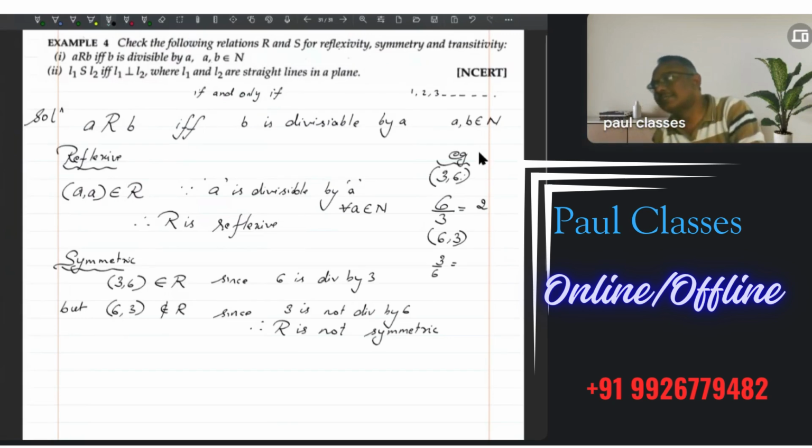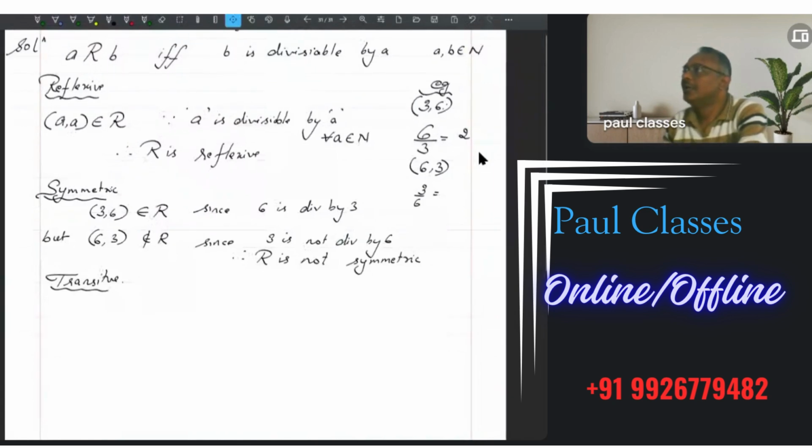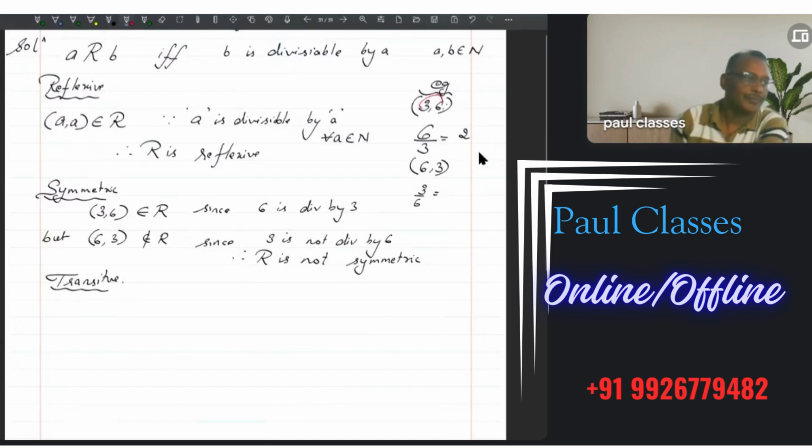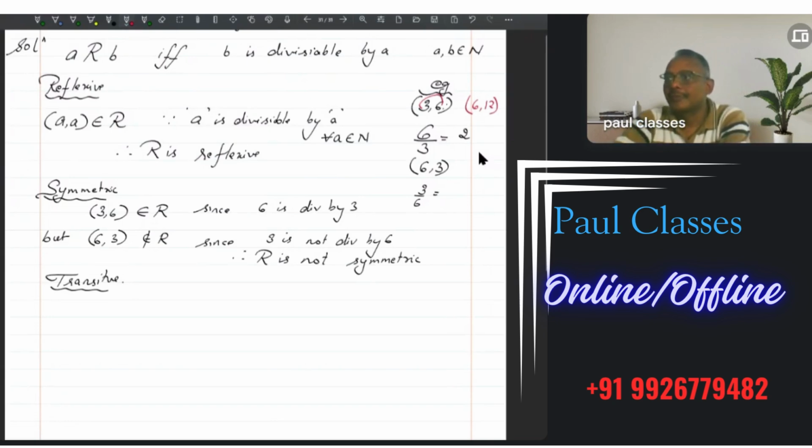Is this transitive? Do you want to say anything till now? Is this transitive? Let's work with an example. You said 3, 6 is there. Can I say 6, 12 is there, because 12 is divisible by 6? Will 3, 12 also be there?